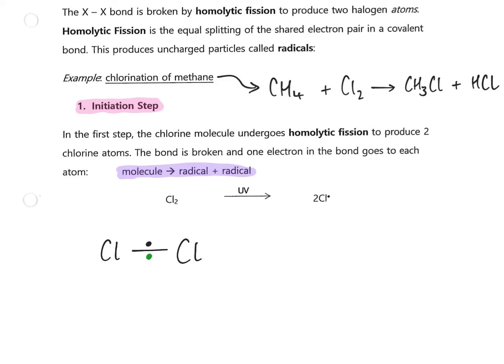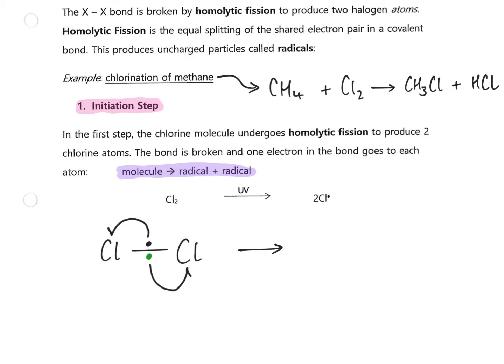And as we said, these mechanisms are represented using single-headed arrows because they are representing the movement of a single electron, not an electron pair. So what happens is this homolytic fission causes one electron to go to one chlorine atom. Okay, and you can see the single-headed arrow that I've used there to show only one electron is moving. And the other electron goes to the other chlorine atom, again represented by a single-headed arrow.